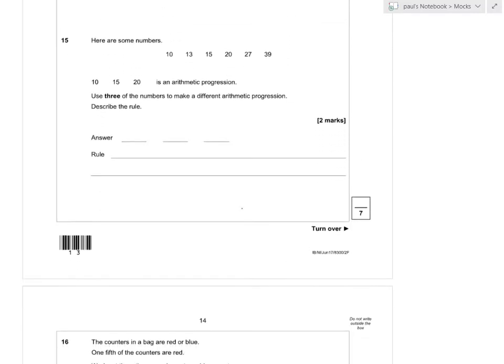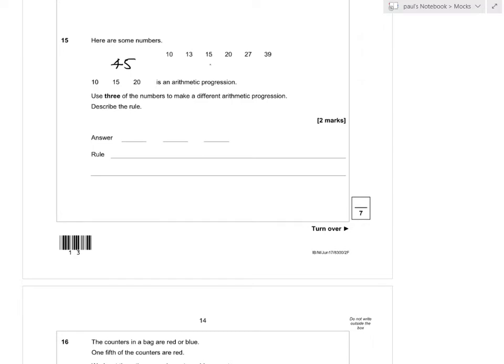Here are some numbers as an arithmetic progression. Okay, use 3 of the numbers to make a different arithmetic progression. So let's have a look at that. This is number 15. So what we're doing, we're adding 5 onto that one. 13, 15.